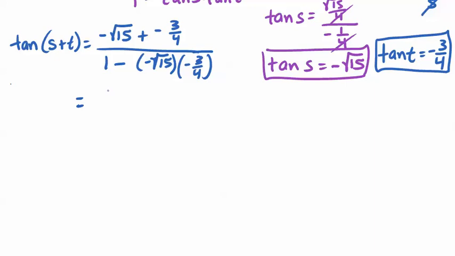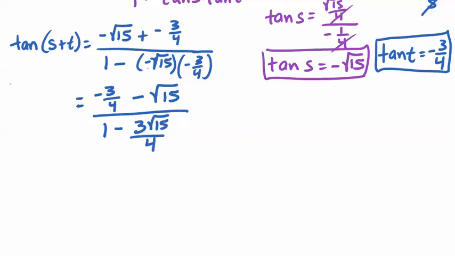So in our numerator, and you might just turn this around, I'd like to have this constant first, it's negative, and this square root. You don't have to reverse those, of course. And our denominator is negative because we multiply these two, they become positive, but we're still subtracting. So we have 3 square root of 15 over 4.